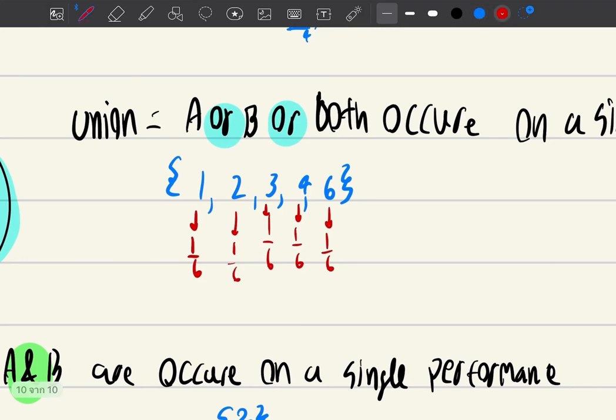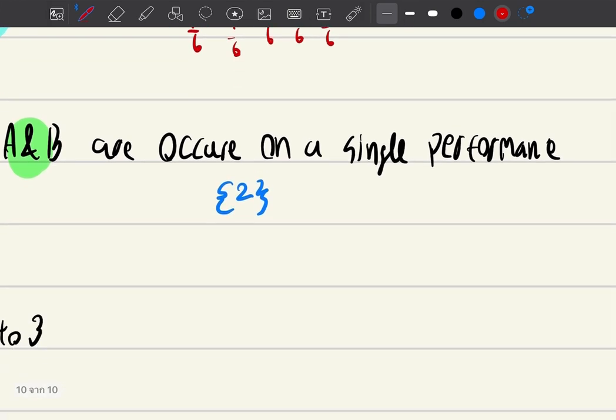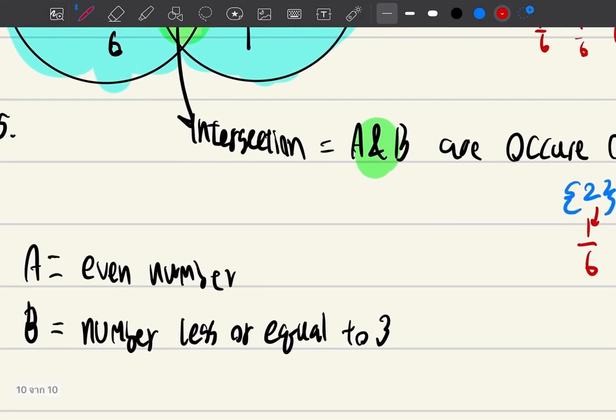So the probability of a single face is 1 over 6. After we assign the probabilities, we sum them, so it's equal to 5 over 6. And the probability of A and B, or the intersection, is 1 over 6.